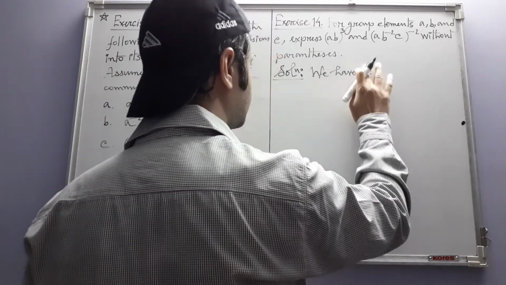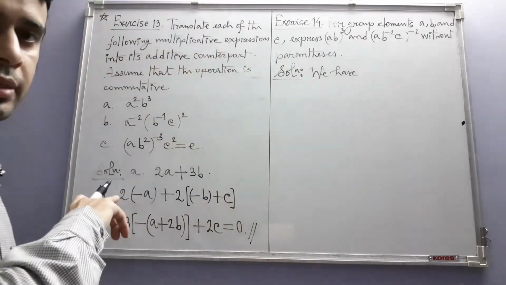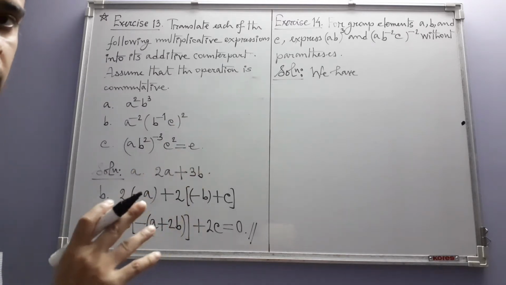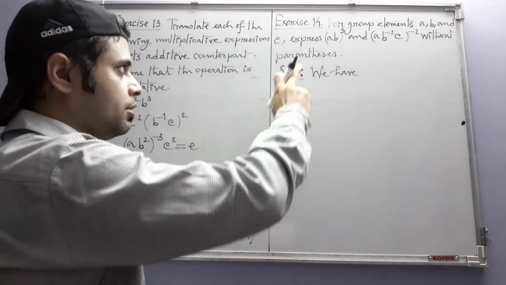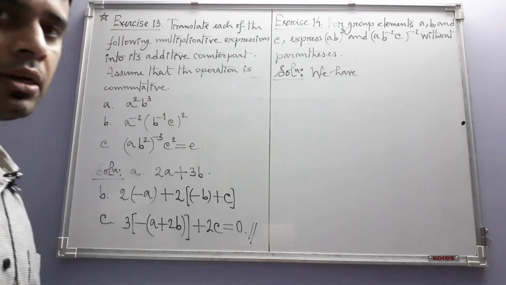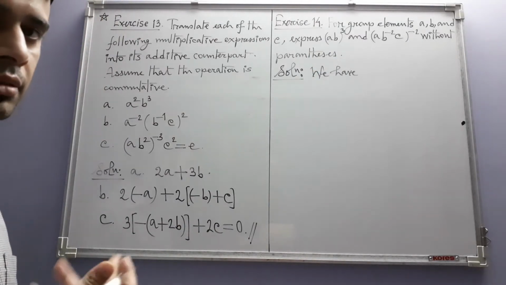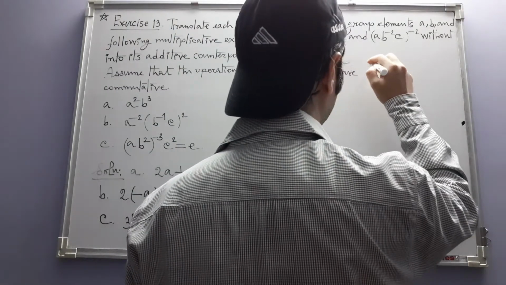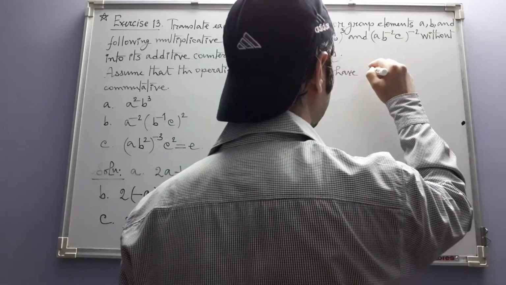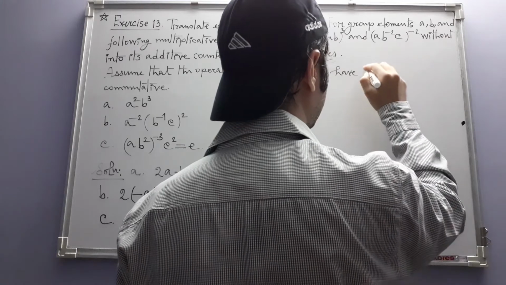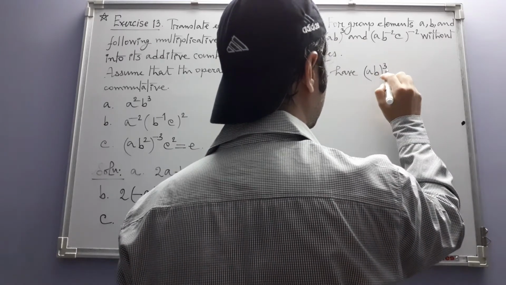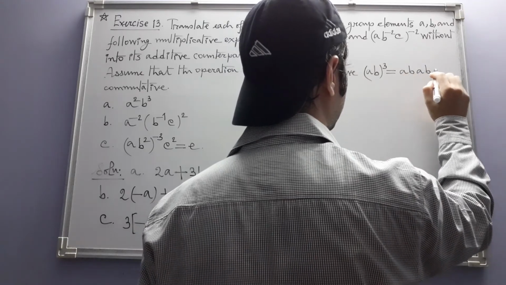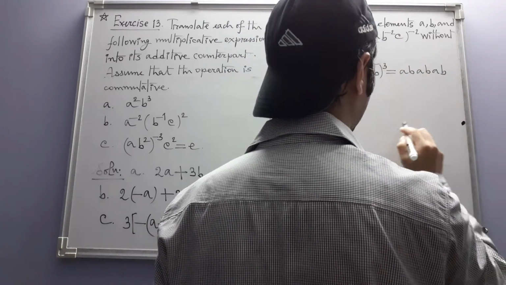Here, however, note that unlike the previous exercise, the binary operation is not necessarily commutative. So in place of AB whole cube, you cannot suddenly write it BA whole cube. Okay, so that is not allowed. Other than that, you can do anything. So the meaning of AB whole cube is AB, AB, AB, but we won't use any brackets.